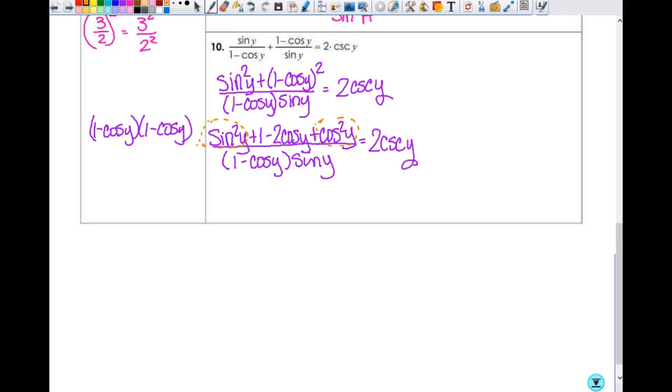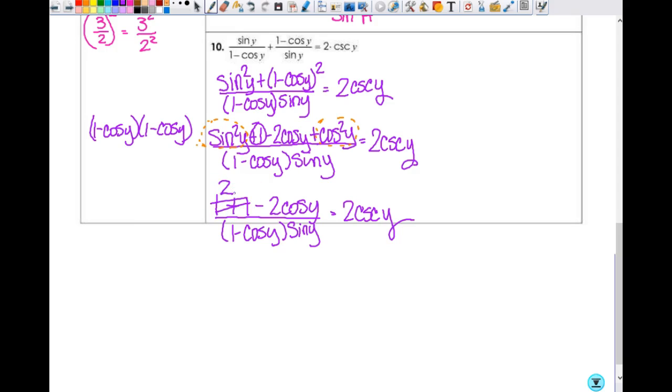So we have that. So this and this, sine squared plus cosine squared gives me 1, plus there's still this 1 right here. 1 minus 2 cosine y all over, and then I rewrite (1 minus cosine y) times sine y equals 2 cosecant y. Everybody with me so far? What's 1 plus 1? 2. So I'm just going to make this part in here into 2.